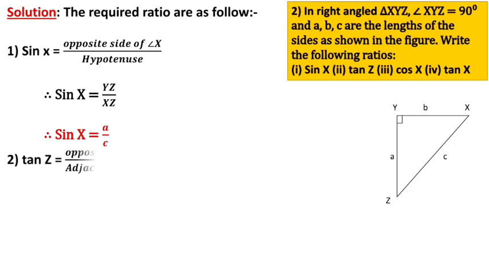Now we will solve the second ratio, tan Z. Tan Z formula will be opposite side of angle Z upon adjacent side of angle Z. So the opposite side of angle Z is which? XY, and the adjacent side is YZ. Sorry, the adjacent side is YZ.